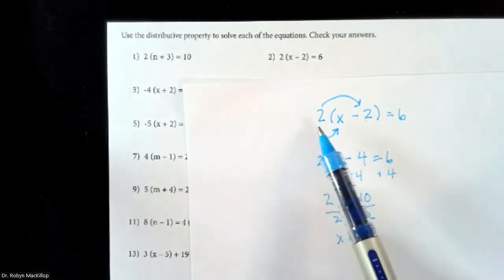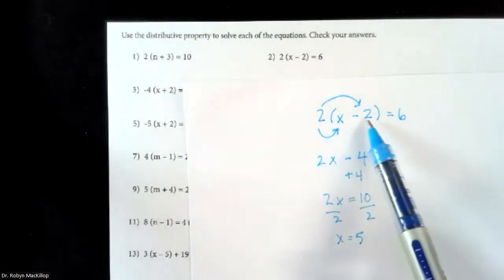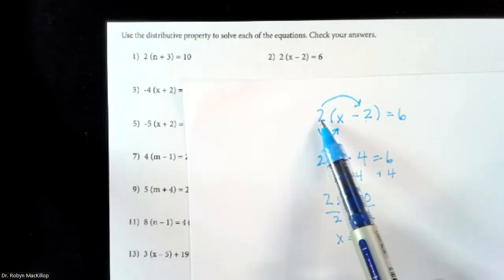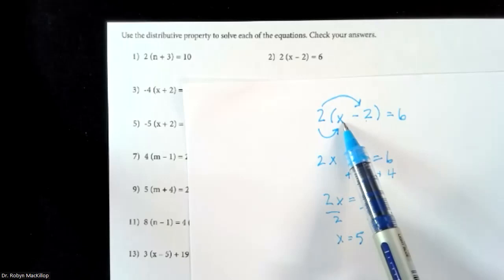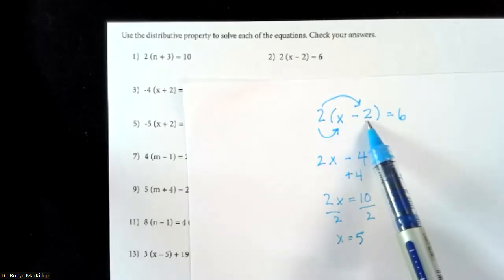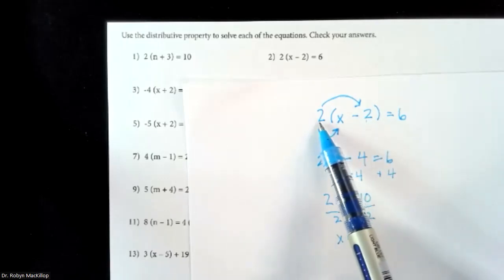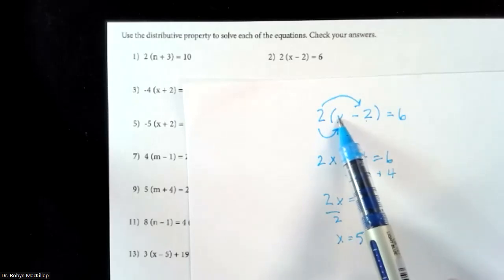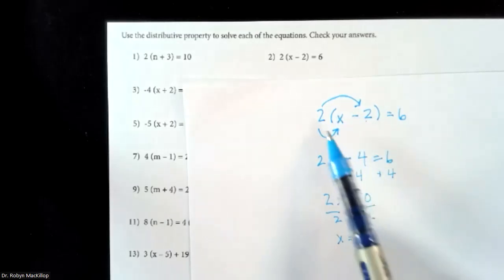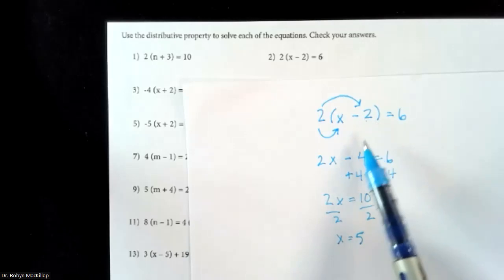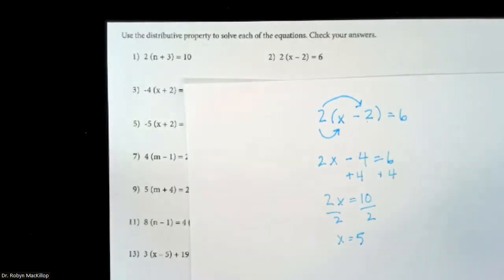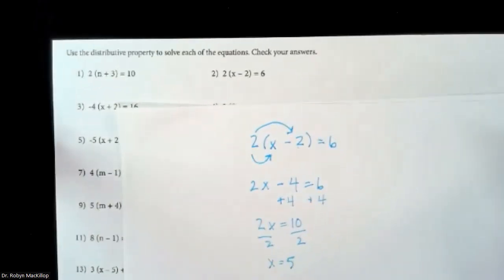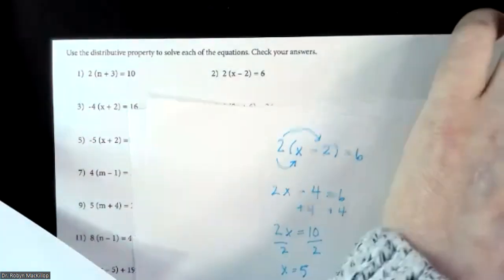It means you're distributing the number over the equation. So it's 2 times this equation, but you can't do anything with x minus 2. So you have to take the 2 times the x, bring the sign down, 2 times the number, and you have a new equation, no parentheses. It's much cleaner. Let's do a few more of these.